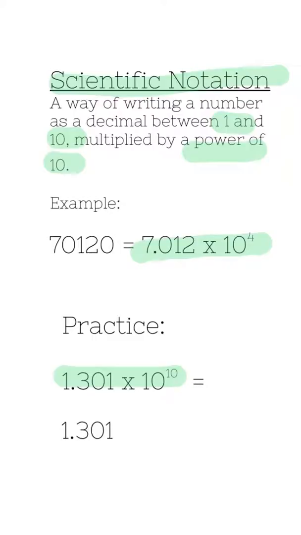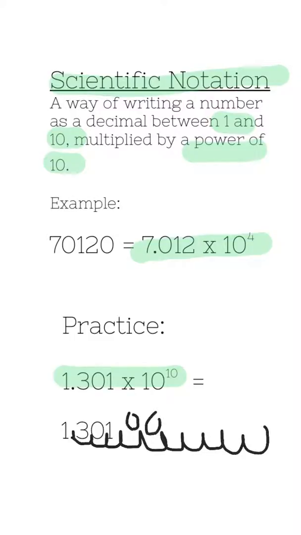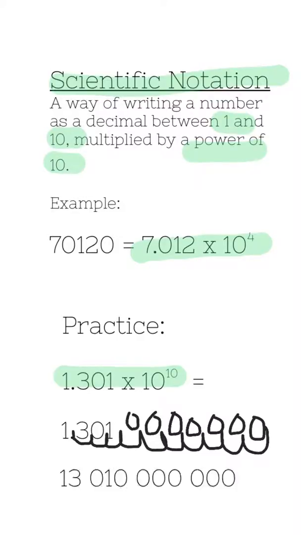So 1.301 times 10 to the 10th in scientific notation is really 1, 2, 3, 4, 5, 6, 7, 8, 9, 10. So I have to fill in my zeros here. So this number in standard form is 13 billion, 10 million.